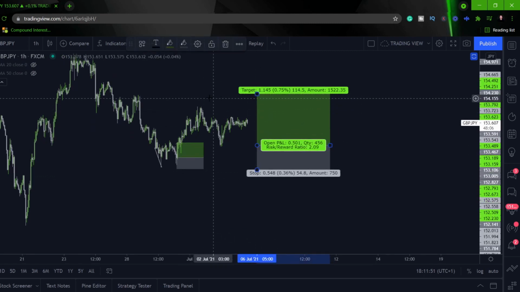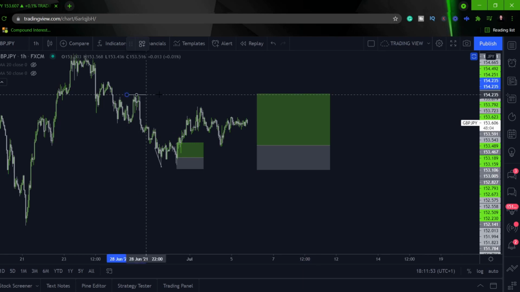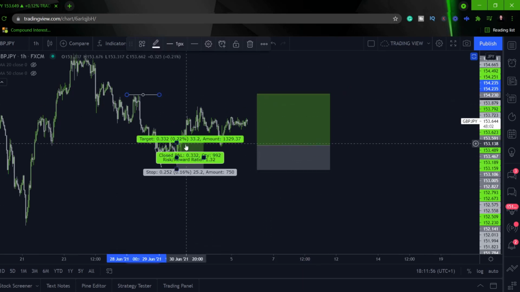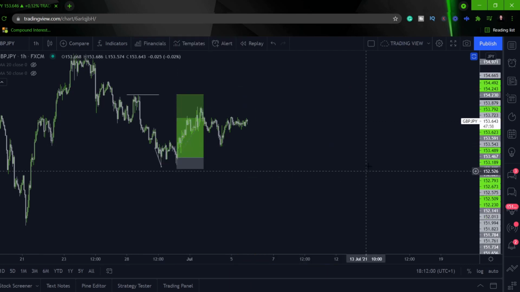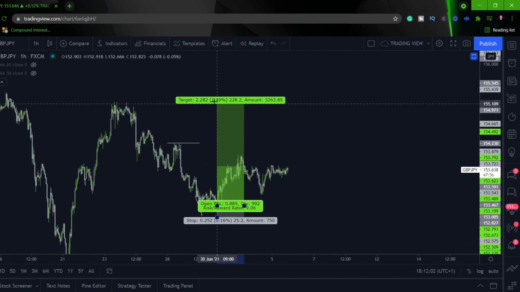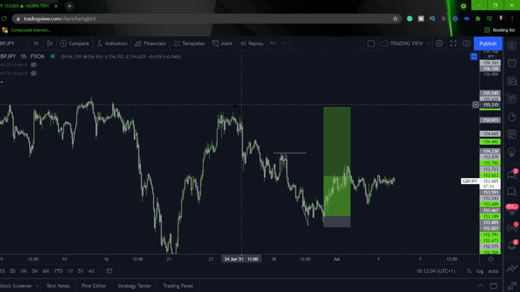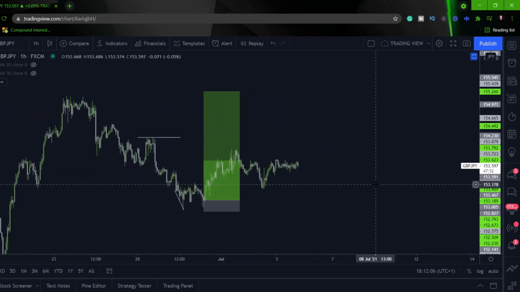Because it nearly took me out there. Obviously I was looking for these highs to get taken. Okay, but you can take extended targets up to this buy side liquidity up here, right?